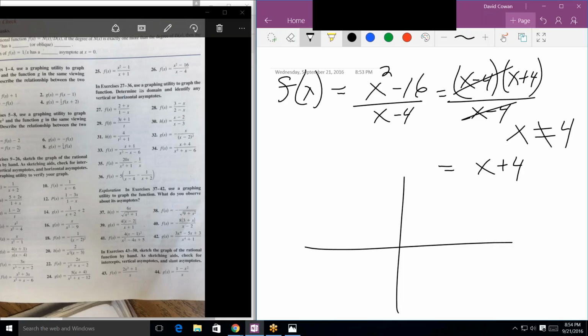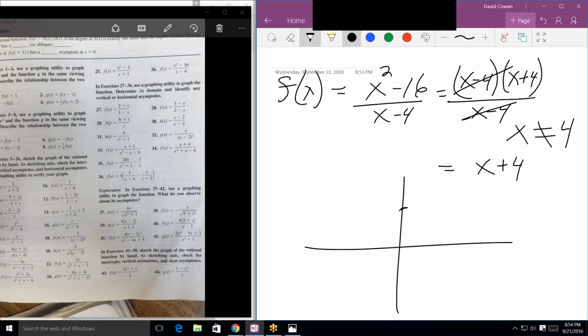How do you graph x plus 4? It's the y-intercept, 4. And then the slope. It's the slope. 1, exactly. A lot of people, when you don't write that 1 in front, like you're not supposed to, they don't see it.